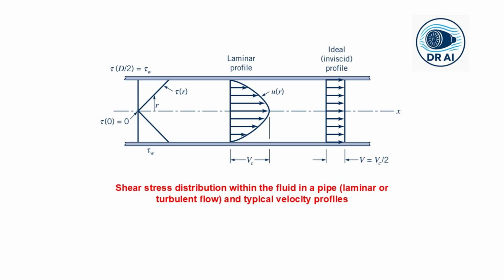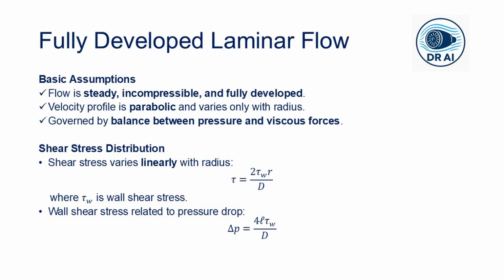So we call this wall shear stress tau subscript W. So we can write this linear relationship as tau equals 2 tau W multiplied by the radius divided by the diameter. So this is a powerful result. And here is the critical point, that this linear stress distribution is true for both laminar and turbulent flows. It comes purely from the force balance, independent of the flow type.